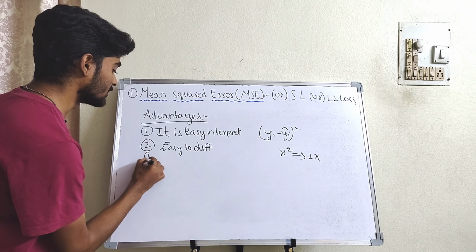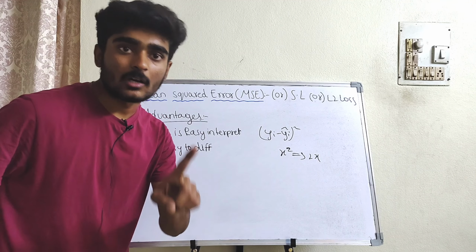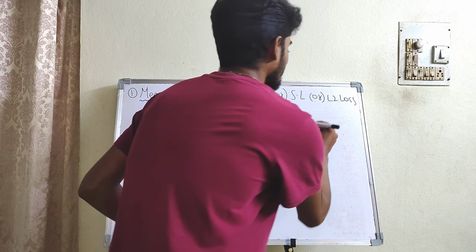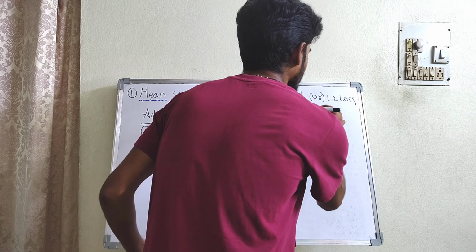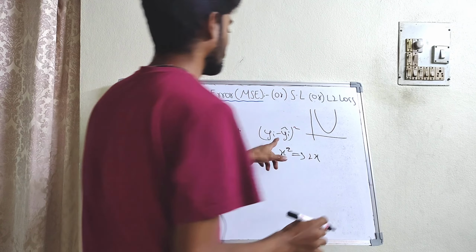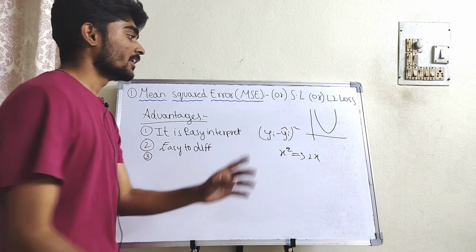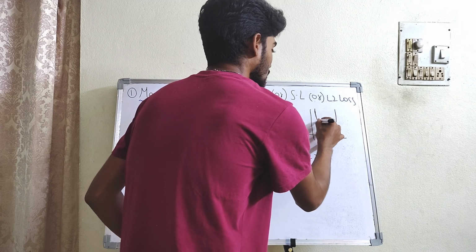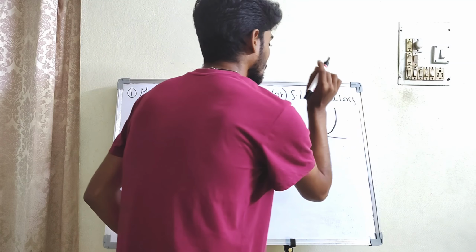The third advantage is that it has only one global minima. When you plot the graph of this loss function, it is generally a parabola.